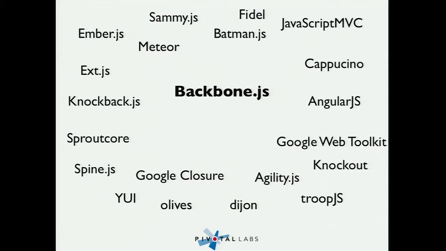So we're going to talk a little bit towards the end of the workshop about the differences between Backbone and some of these other frameworks, because I think that it's useful for you to see how Backbone works first before I tell you about what makes it different from the other ones. At this point, I think the important thing to keep in mind is that all of these frameworks are addressing a similar class of problems. They're all trying to make it easier for you to write a large JavaScript application.